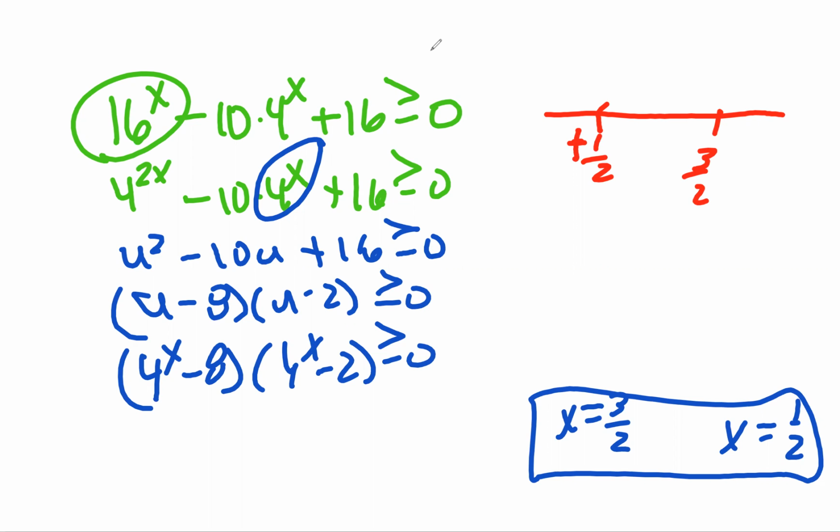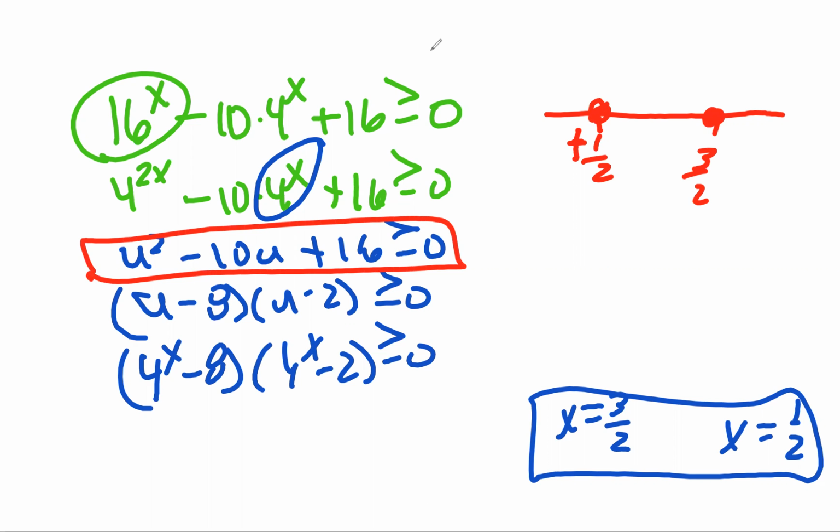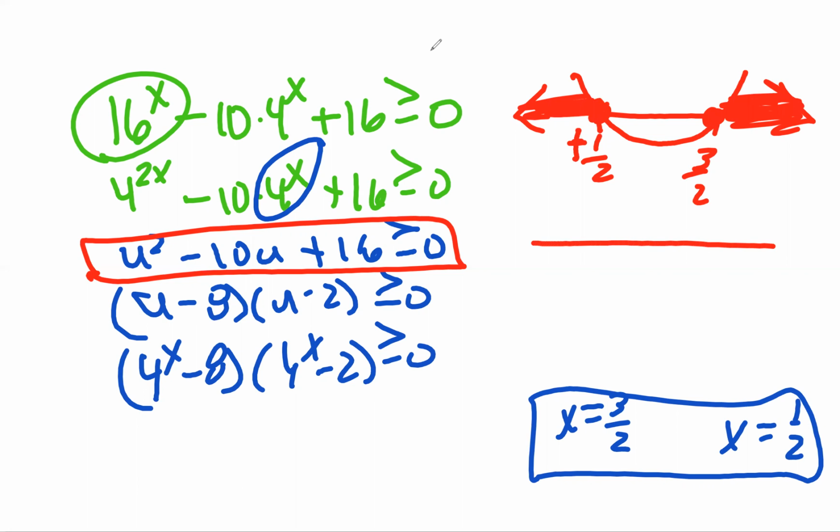It can equal both of them. And this is a parabola here that I was doing. So I can put in a parabola, and we want greater than, so my answer would be here and here, not in this interval.